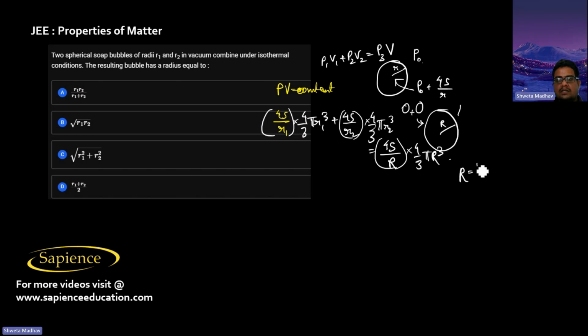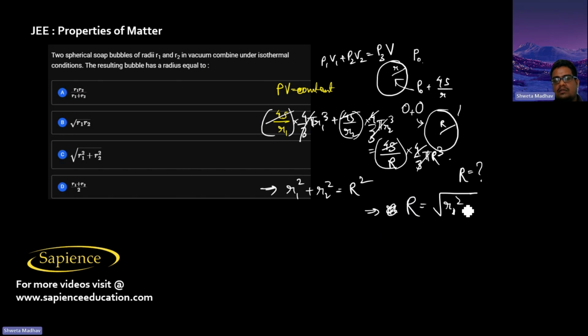Then this radius r we have to find out. So we can cancel out this 4s into 4 by 3 pi. So therefore we can say r1 square plus r2 square is equal to r square. Therefore r will be equal to square root of r1 square plus r2 square. Option C is the correct answer.